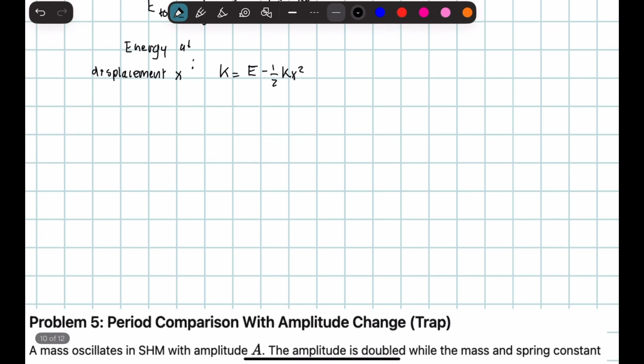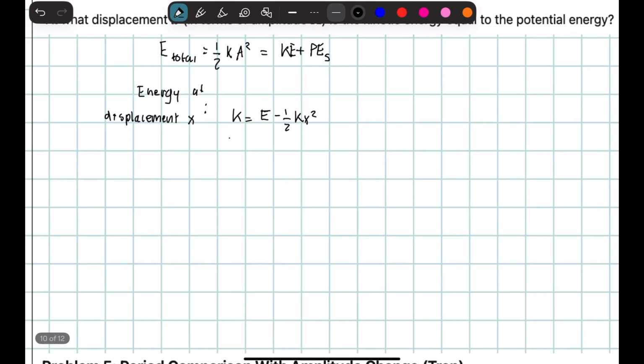So now we can set the kinetic and potential energy equal to each other. So we have 1/2 kx squared is equal to E minus 1/2 kx squared.